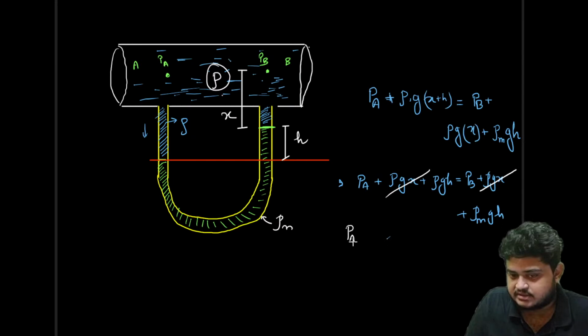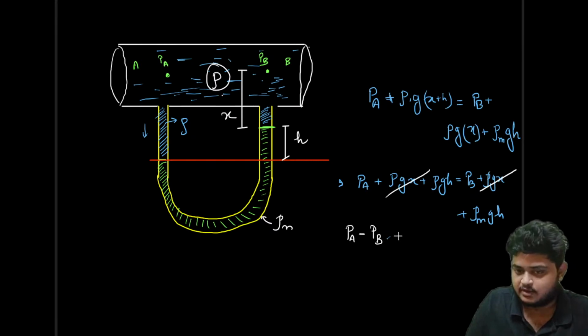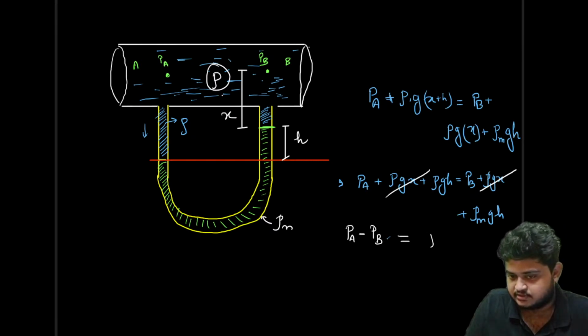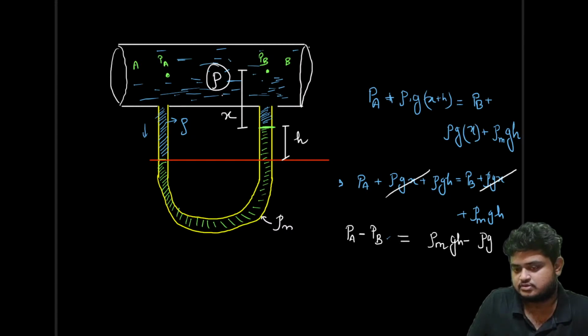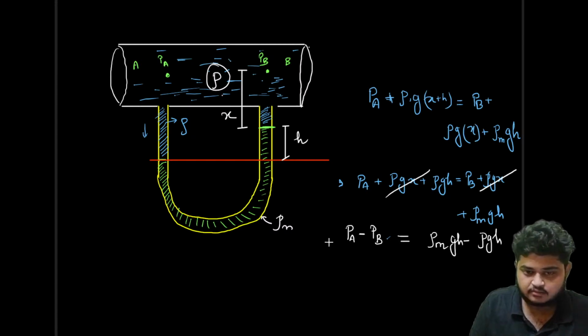I need to calculate the pressure head difference between point 1 and point 2, that means PA minus PB, which will equal rho m g h minus rho g h. Now let us come to this side of the page.